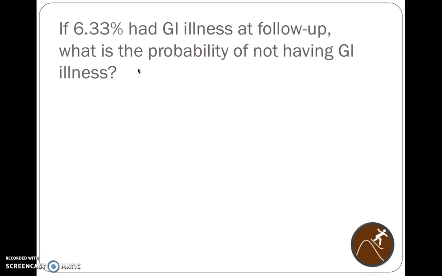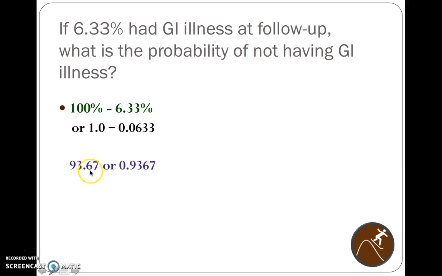So the probability of not having it would be 1 minus 0.0633, or 100% minus 6.33, so it'll be about 94%. 93.67% is the probability of not having GI illness.